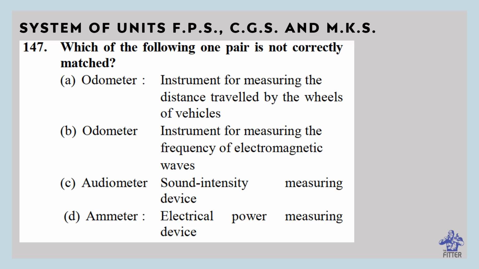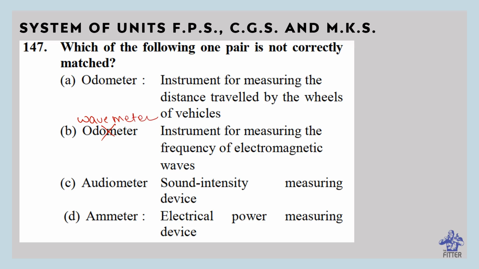Odometer, instrument for measuring the distance traveled by the wheels of vehicles. This is right. Instrument for measuring the frequency of electromagnetic wave. This is wrong. That is wave meter.